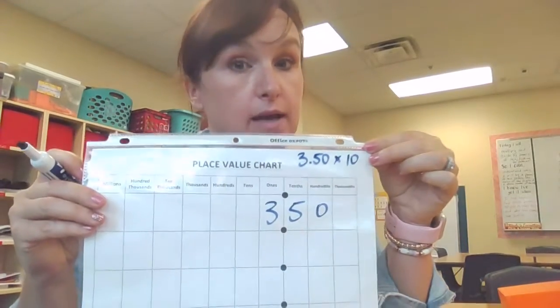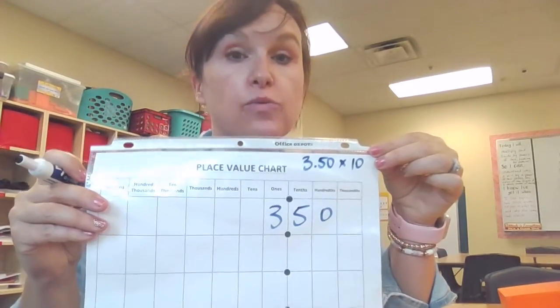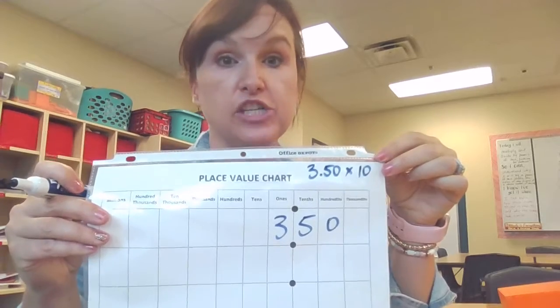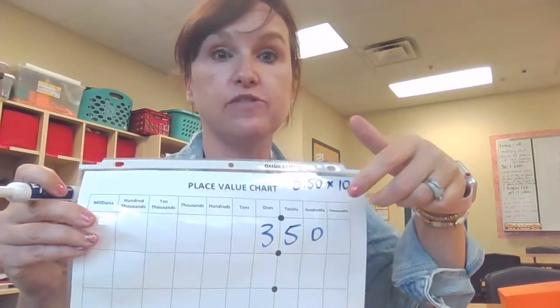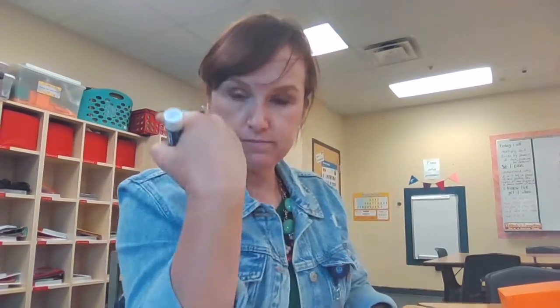So $3.50 times 10. Now I'm multiplying by 10, which we know now, hopefully, means we're going to shift the place value over. Each of our numbers is going to shift greater one place value. So I can scoot my 3 over 1 digit, I can scoot my 5 over 1 digit, and I can scoot my 0 over 1 digit.